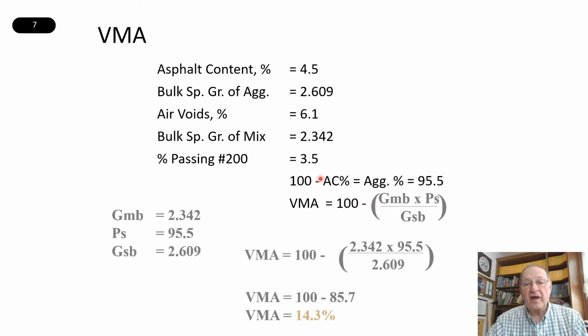So 100 minus 4.5% of aggregate is 95.5. Now I have all the information that I need: the bulk specific gravity of the mix, percent of aggregate or percent of stone, and the bulk specific gravity of the aggregate, GSB. I plug these numbers in and I get 14.3%.